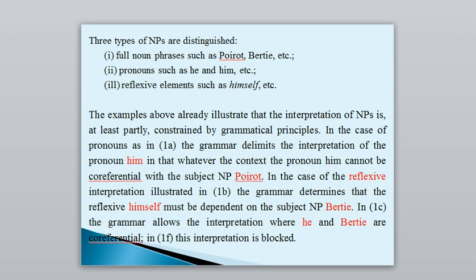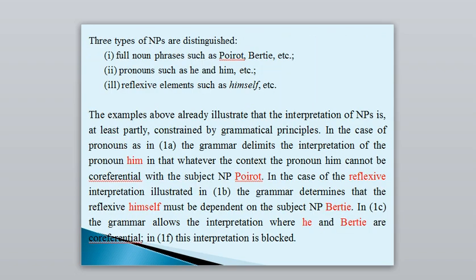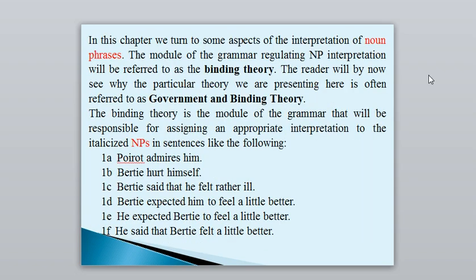In example 1c, the grammar allows an interpretation where he and Bertie are co-referential. Example 1c, Bertie said that he felt rather ill. This is a sentence which allows the pronoun he to refer back to Bertie, the subject, and there is no problem.